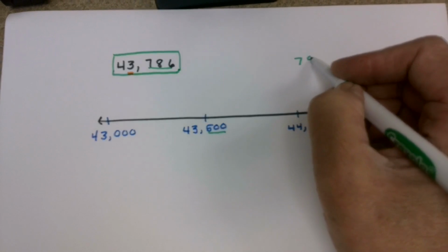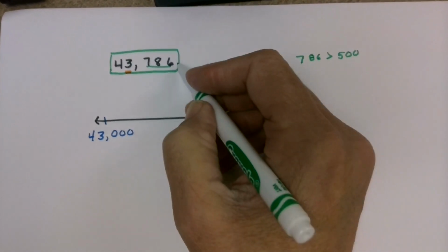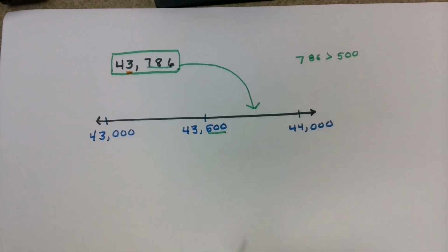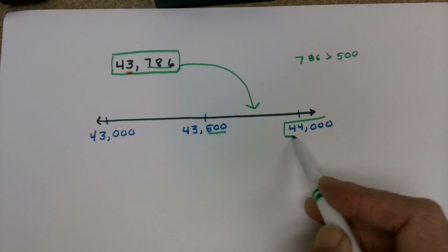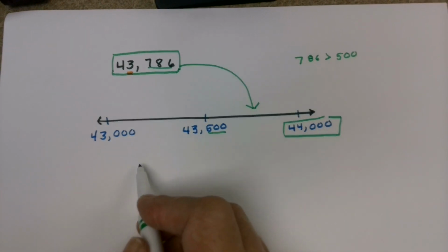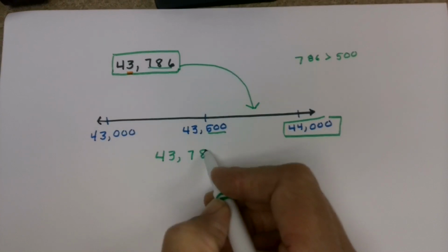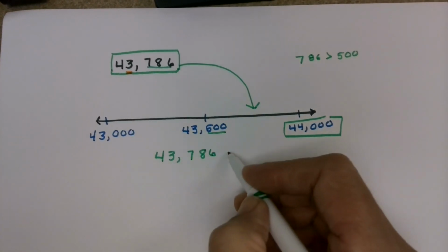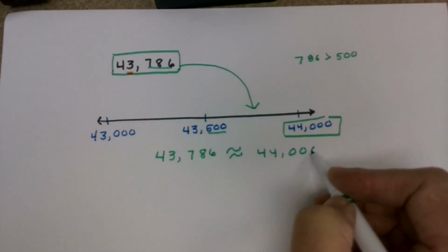I know that 786 is greater than 500. So it's going to fall on this side of the number line, which tells me that it's closer to 44,000. So I know that 43,786 to the nearest thousand is about 44,000.